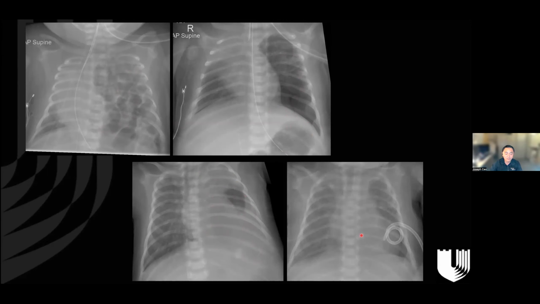Obviously, we would be draining those if this causes some cardiovascular compromise or builds up again. The chest tube would be the surgical option, and they look very good. Once you evacuate the pneumothorax and drain the pleural fluid, you can actually see the compensatory hyperexpansion of that hypoplastic lung.